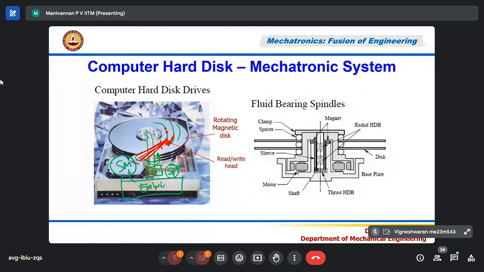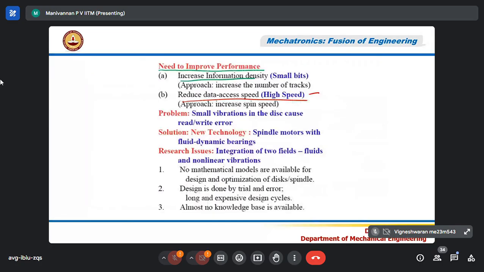There are special vibration isolation algorithms used so that the read-write head moves smoothly without touching. And the spindle motor uses fluid bearings, because there should not be any friction. They use a special kind of fluid bearing, called an air bearing. Using that, the disk rotates very freely at constant RPM. So this is another example of a mechatronic system.